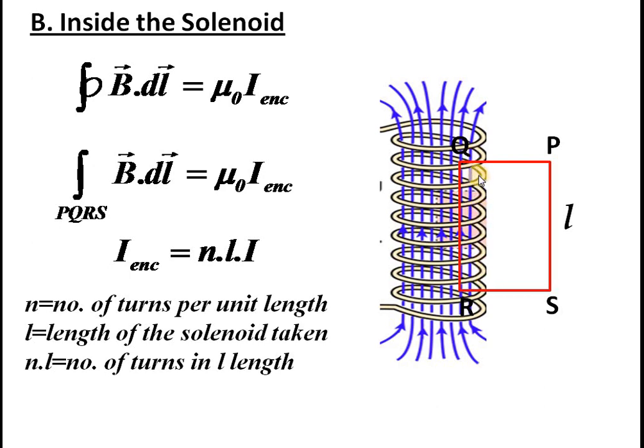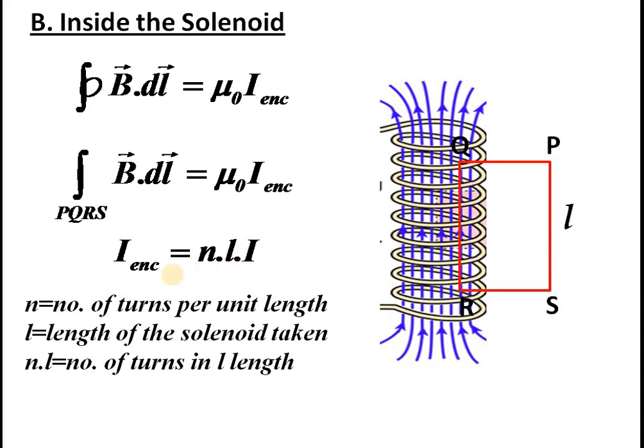And you know already there are n turns per unit length. So how many turns will be there in length l? Within this length, small l, there will be n times l turns. Or you can say there will be n l wires passing through the closed path PQRS.